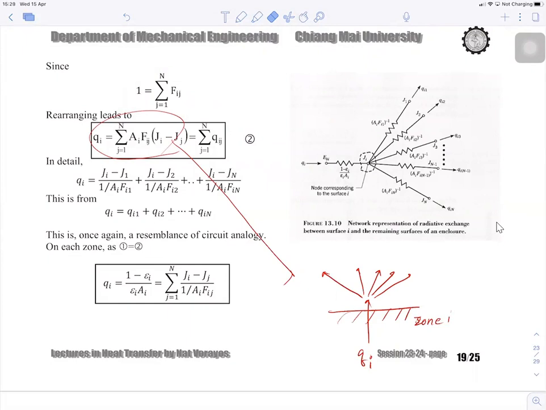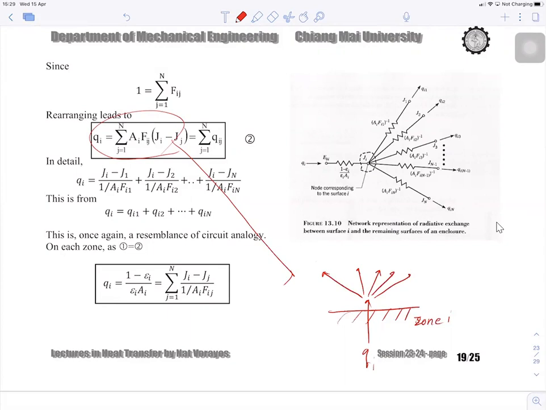So the summation of several terms. So QI is going to have several elements, okay?